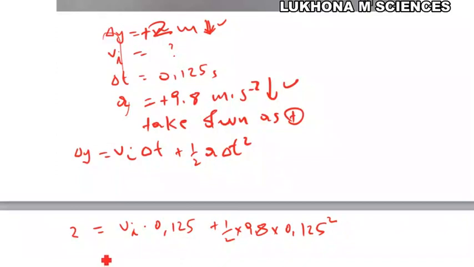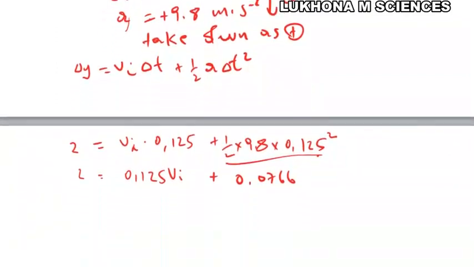Then we press the calculator and we get 0.076666. Then here we have the 2, then 0.125 v initial.